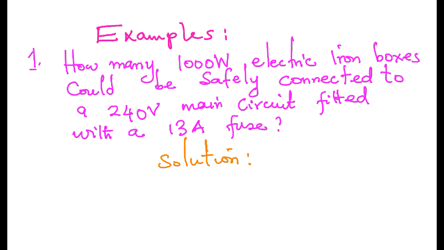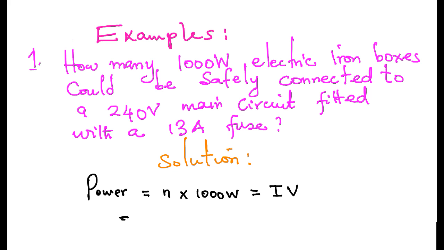So power is equal to the number of iron boxes multiplied by 1000 watts, which is the power of each, and this is equal to current multiplied by voltage.